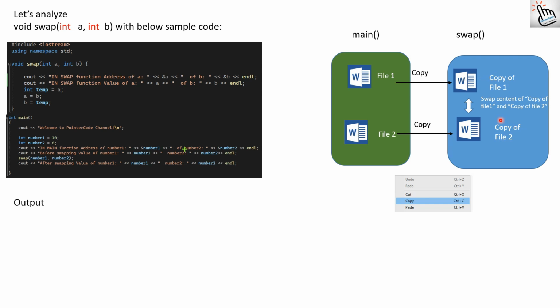Then we save and go back to the main, and we can see that the original files never changed, right? Because we made copy files and changed only the content of the copy files. Nothing changed in the original files.